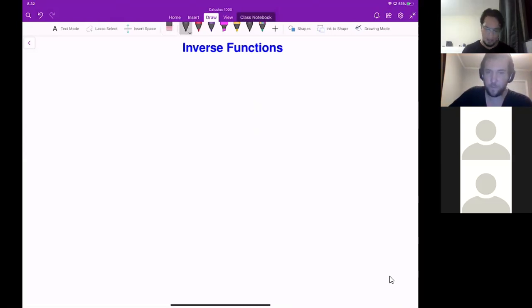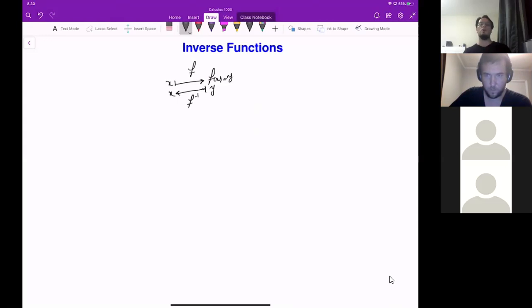Okay, good. So for the inverse, remember that the function takes x and spits out f of x. We are looking for something that goes the other way around. So if you give it a value of the function, it spits back your x. So if this is y, you give it y, it will give you back x.